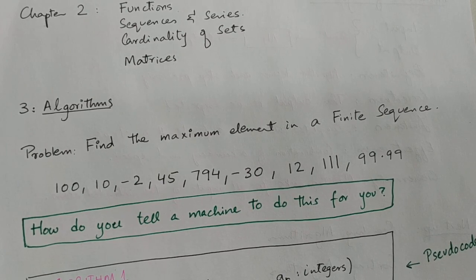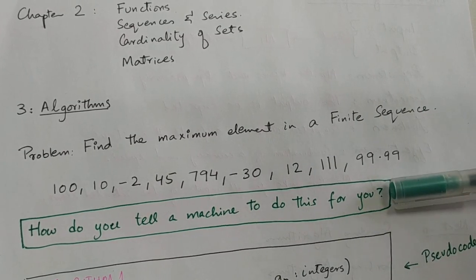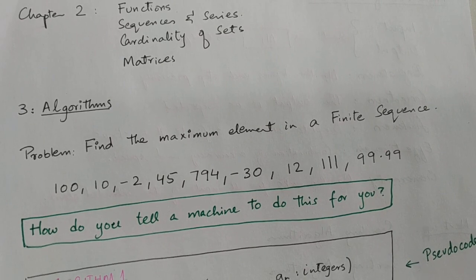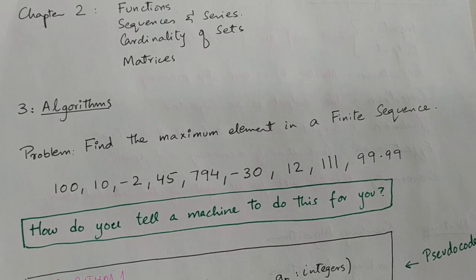The real problem that we want to discuss is how do you tell a machine or a computer to do that for you? How do you write up a sequence of steps? How do you codify the process that you just did yourself and make a machine do the same process for you, right?